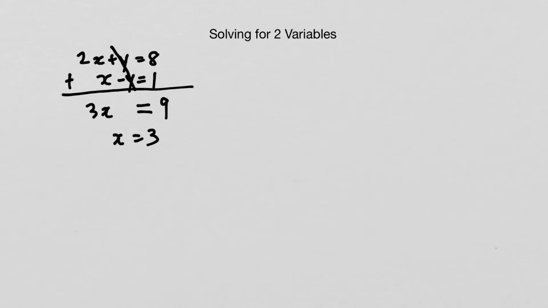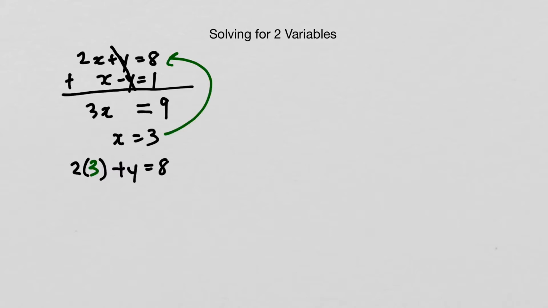Now that we have x is equal to 3, we're going to plug that into one of the two equations up there. So I'm going to choose to plug the 3 into this equation, and we're going to have 2 times 3 plus y is equal to 8.